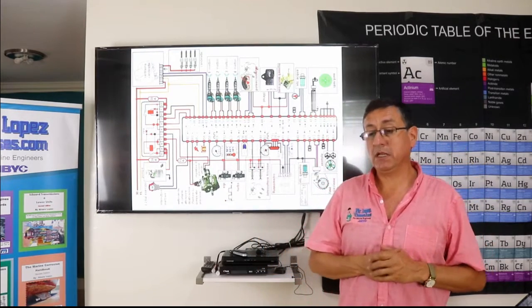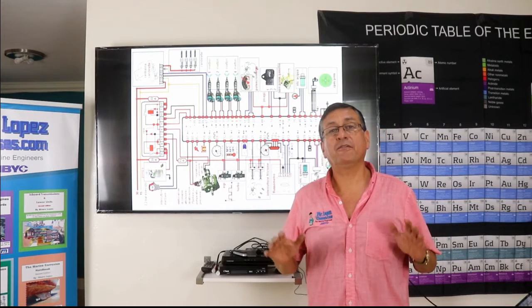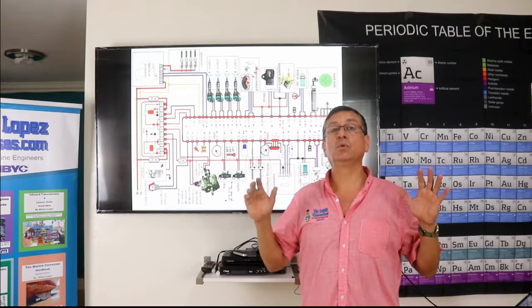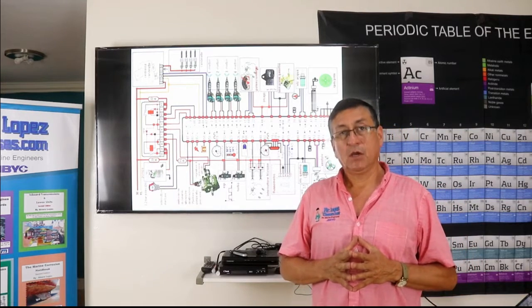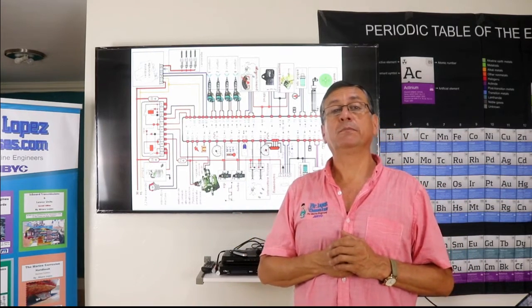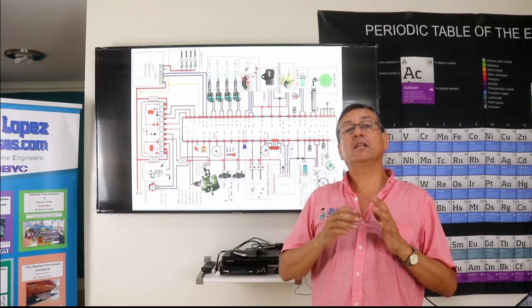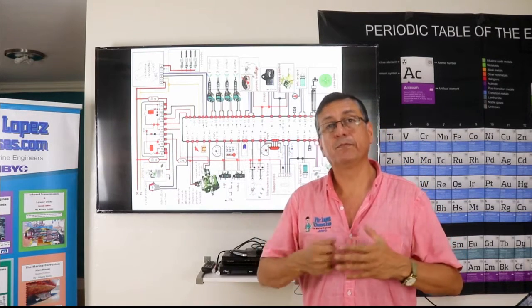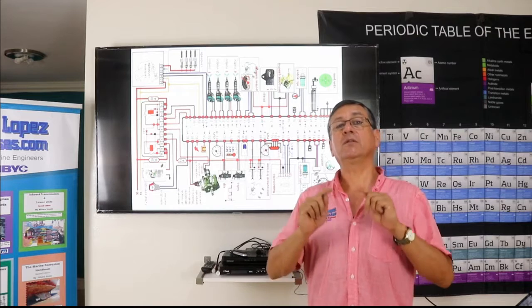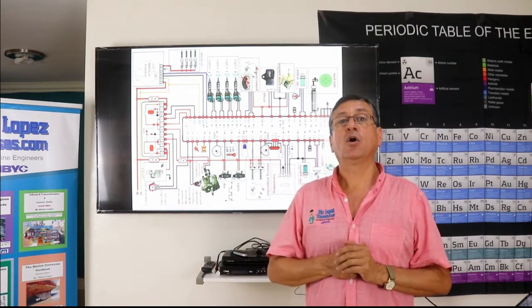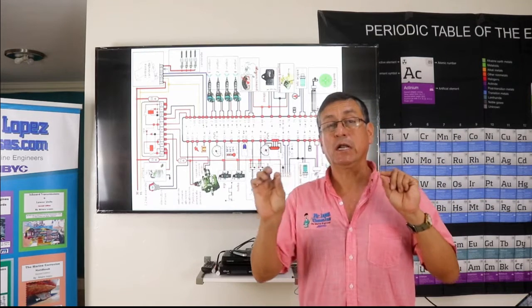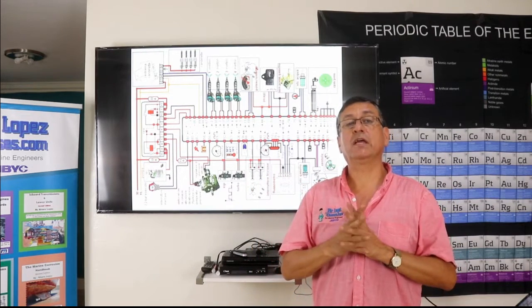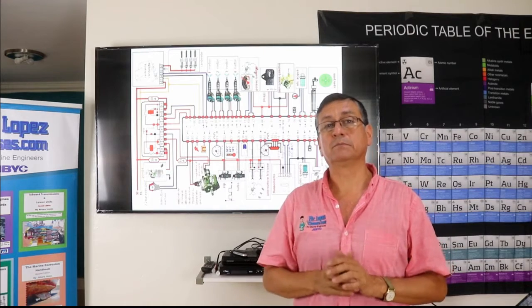Let me explain something about the fuel system. In order to do the troubleshooting, the problems are related with the low pressure pump or transfer pump, or the problem is related with the computer, the ECM, or the harness, or the pressure of the fluid entering the common rail, or the air filter.